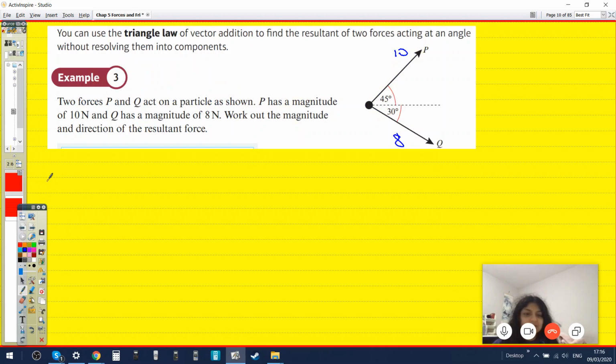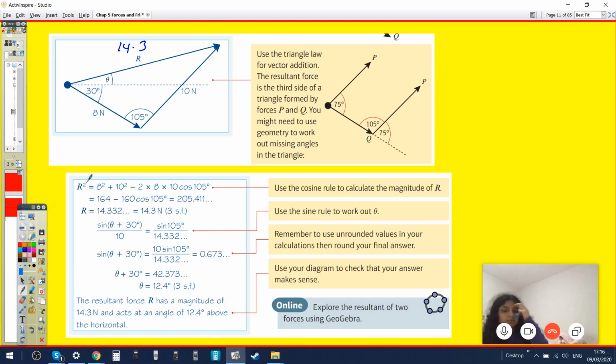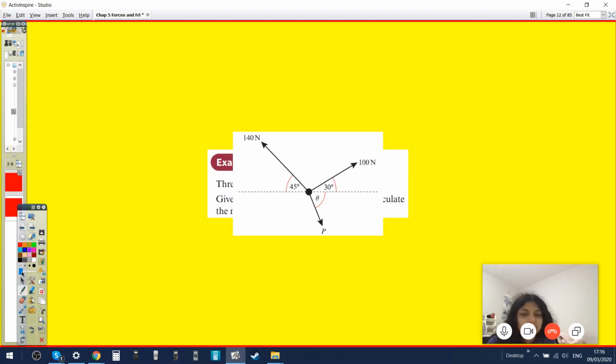It sounds like in that case it must have gone straight up, and so they must have just said in the y direction, parallel to the y-axis. In this case you would do sine rule, so sine theta plus 30 over 10 is equal to sine 105 over r. Okay. Tricky stuff.